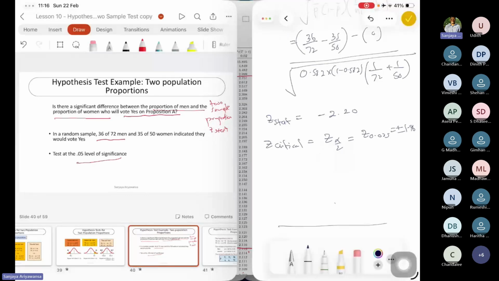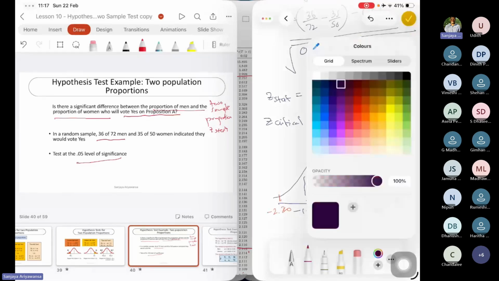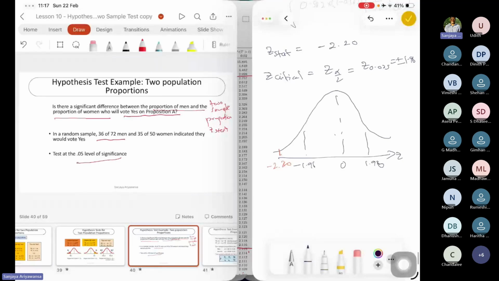Z, 0, critical values negative 1.96, positive 1.96, and where is my test statistic? Somewhere over here, negative 2.20. So what does that mean? That tells me it's in the rejection region, so I have to reject H naught.